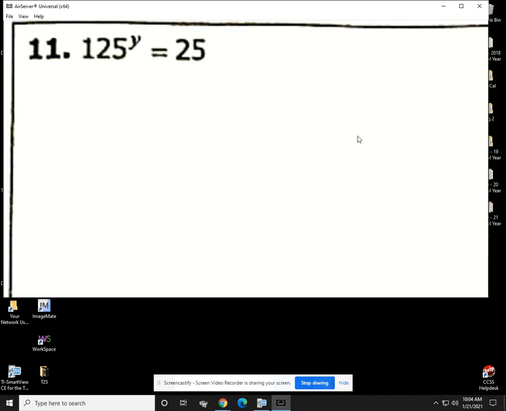So what did I do? I just went right past 125. So can I make 125 have the same base as 25? Not like that. So I got to think, all right, well, maybe I can't make 125 25, but maybe I can make them both something else. What could we make both 125 and 25 have the base in common?